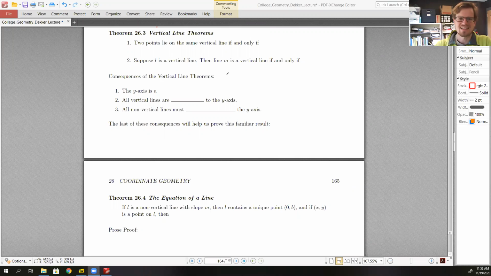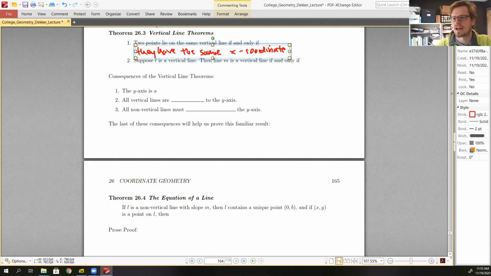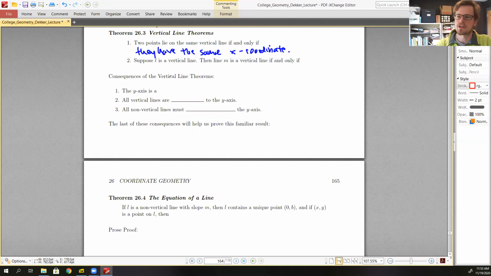Two points lie on the same vertical line if and only if they have the same x coordinate. Of course, we're already familiar with that idea, so this sounds pretty good.